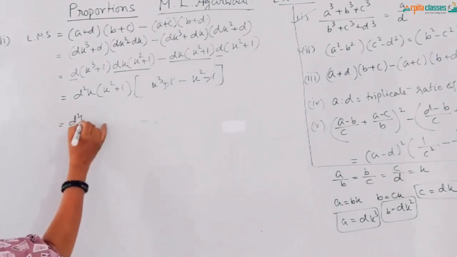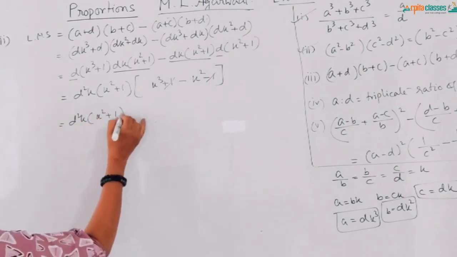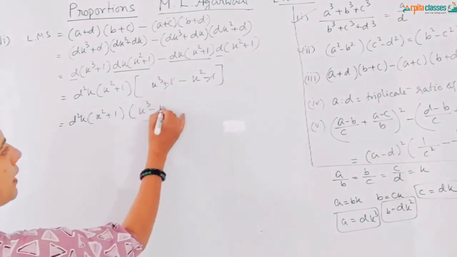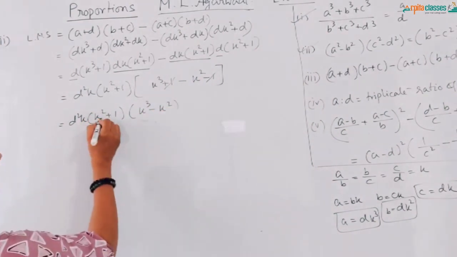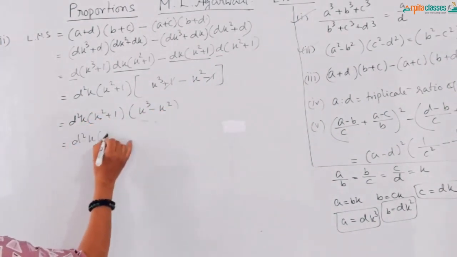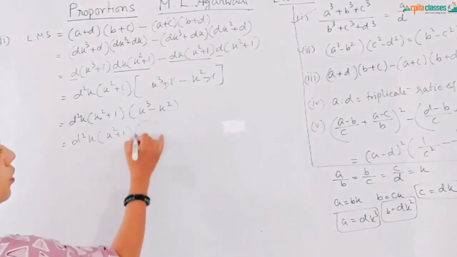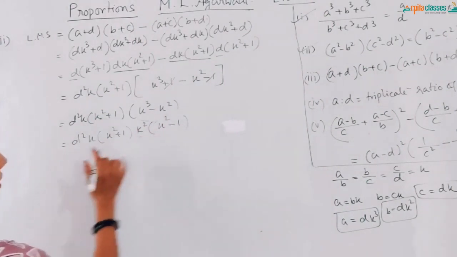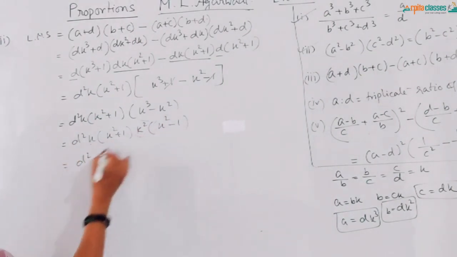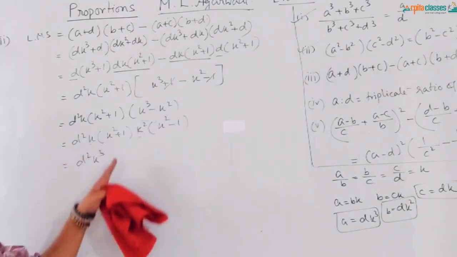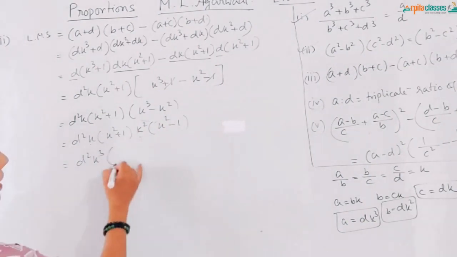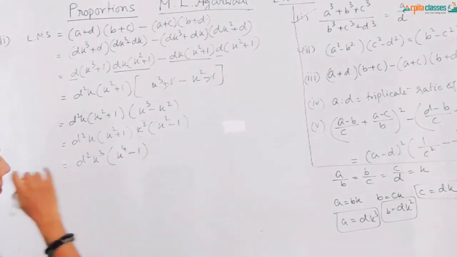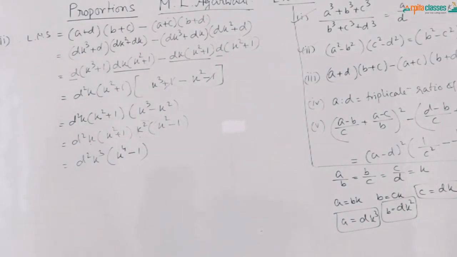So I get d²k(k² + 1)(k³ − k²). From here again I can take k² common, it is k − 1. So d²k into k² is k³, and (k² + 1)(k² − 1) will give me k⁴ − 1. That is your left hand side.